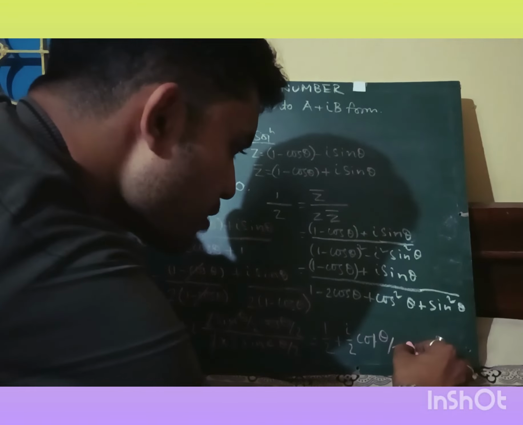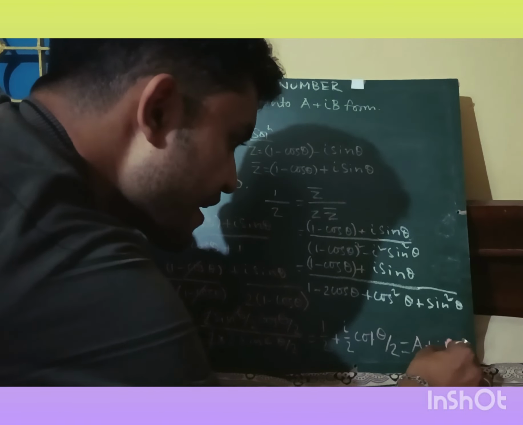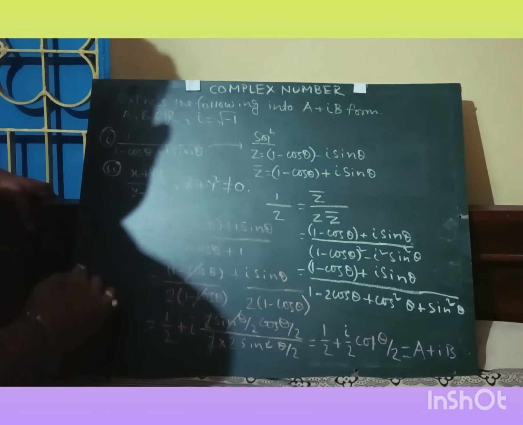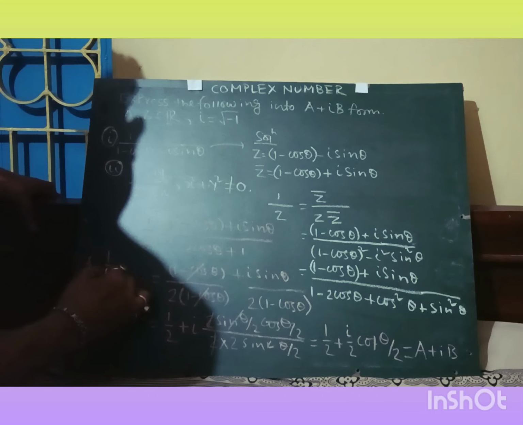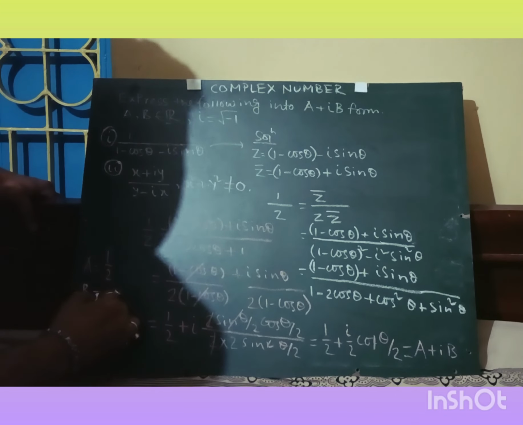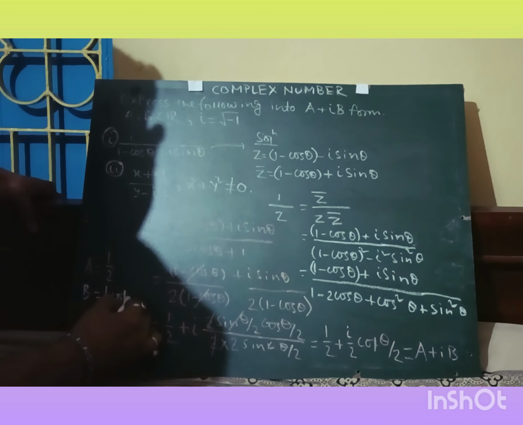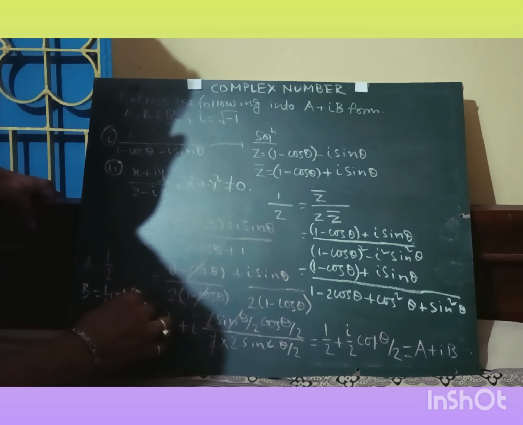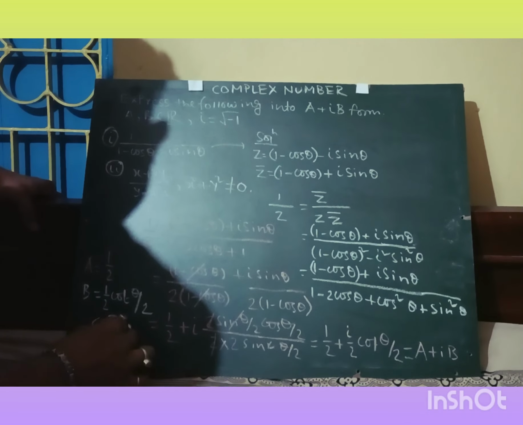It is of the form A plus iB, where A is equal to half and B is equal to half cot theta by 2. Both belong to real numbers.